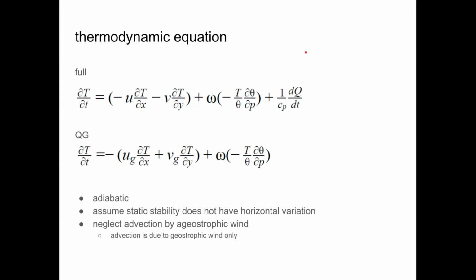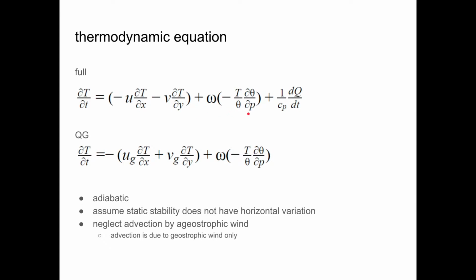And so if we look at that QG version of the thermodynamic equation, we have the full thermodynamic equation here. We're using pressure as a vertical coordinate, and we've rearranged the terms so that we're basically trying to find the local time tendency. So that's equal to the temperature advection. So it's minus u dT/dx minus v dT/dy, the horizontal advection.